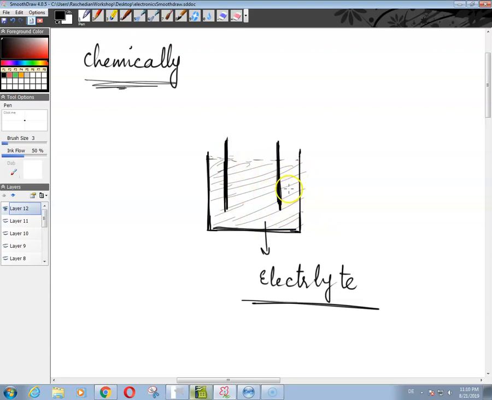Because of all of the chemical laws that you hopefully know about, one of these metallic plates would be called a cathode, and one of them would be called an anode. I don't really know, probably cathode is the negative, anode is the positive, or the other way around. For the exact information about this system, you would need to read some chemistry.